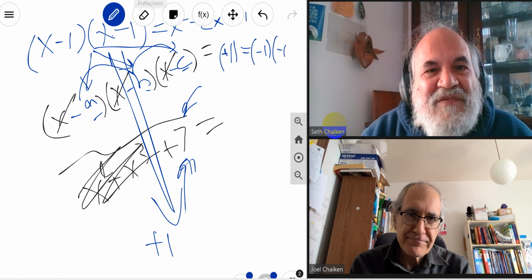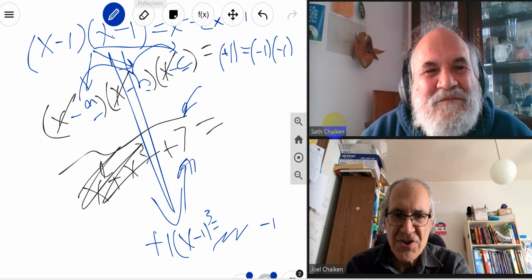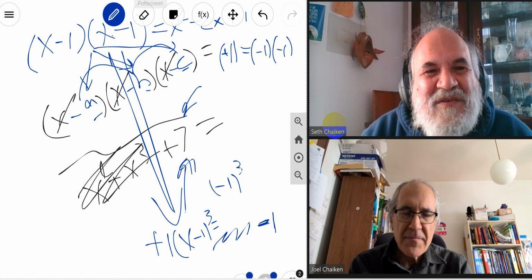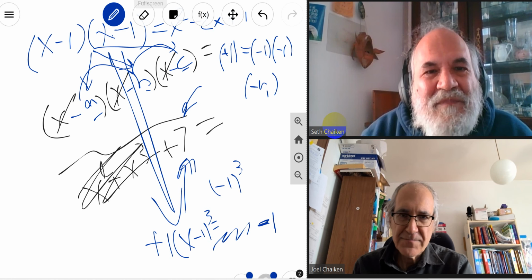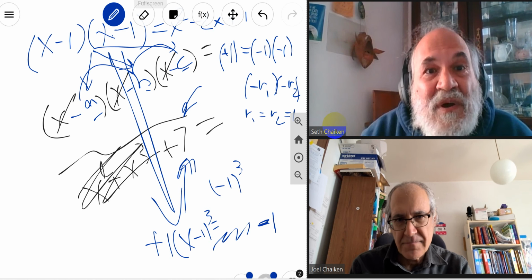You have the other copy of minus 1. If you take x minus 1 cubed, then you would get minus 1, because this is minus 1 cubed. So it's minus R1 times minus R2.